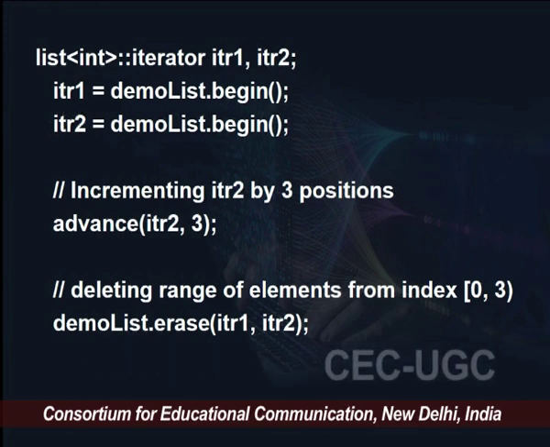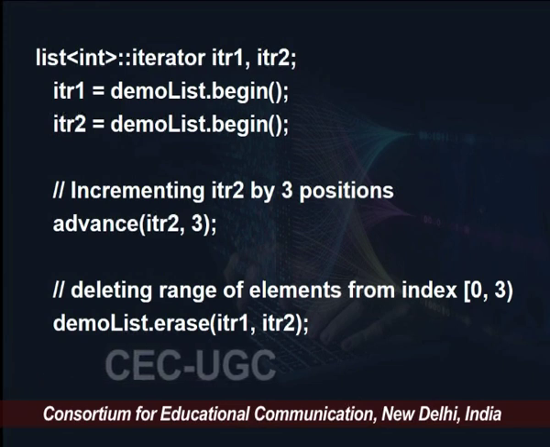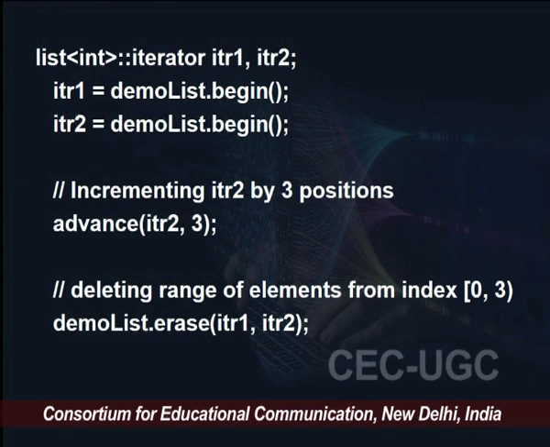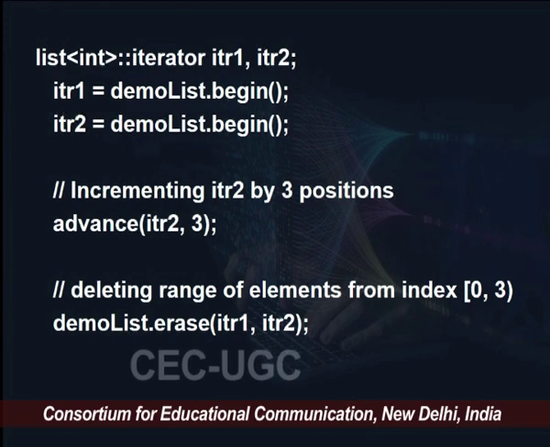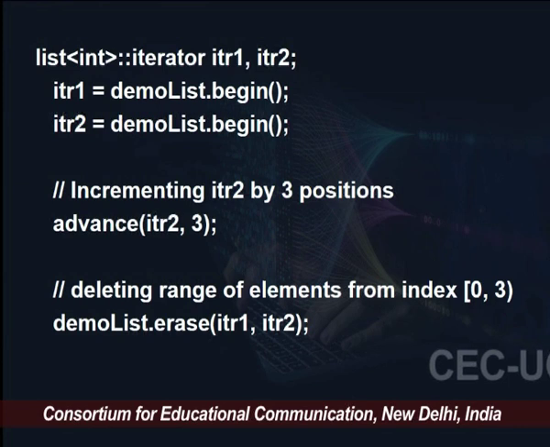So, advance itr2 comma 3, that is incrementing itr2 by 3 positions, and now with the help of erase we are going to give the starting range and ending range as the parameters to this erase function, and we will be deleting the range of elements from index 0 till 3. So, 0 is given in a closed interval while 3 is open.